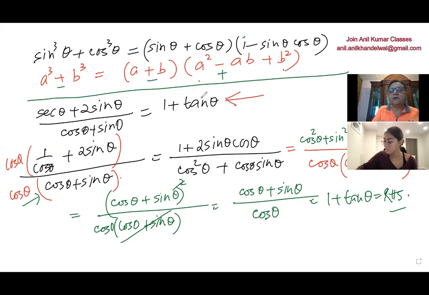You need 1 plus tan theta. That gives you a hint. We should not go for double angle or anything. Let's simplify towards tan theta, which is the ratio of sine and cosine. This makes sense. Okay, I got it.